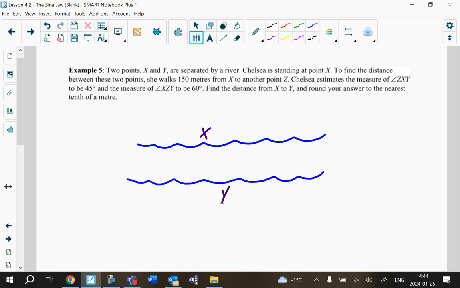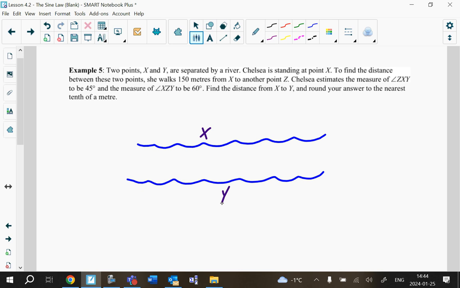That's the first sentence. And Chelsea's standing here. She wants to know the distance without having to take a tape measure, jump in the river, and swim across to measure, which is not very efficient. So she's going to use trig.